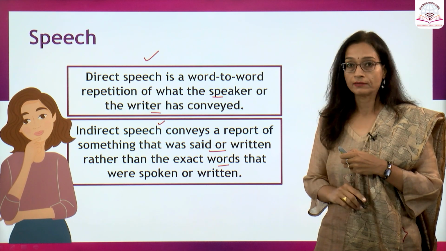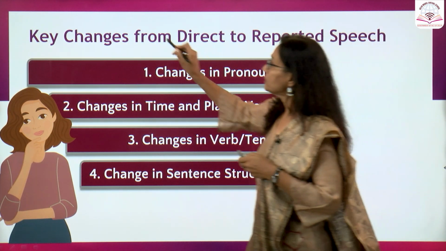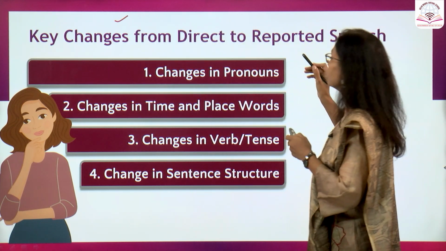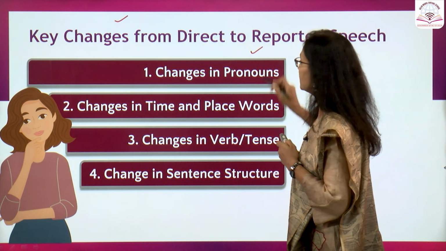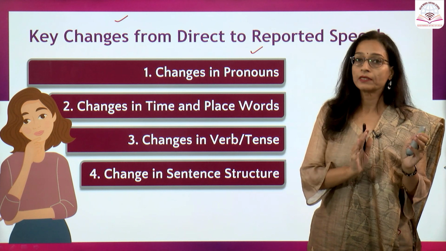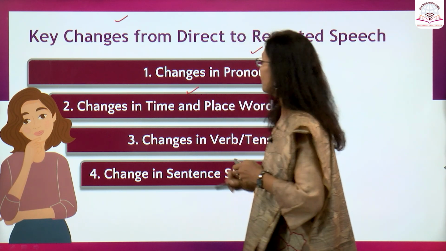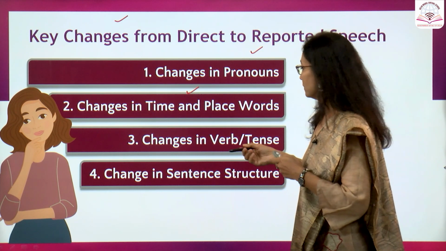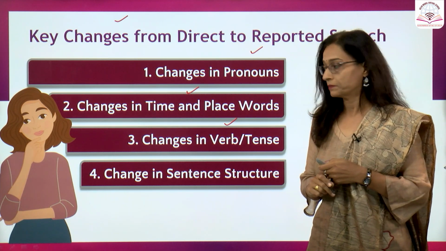spoken or written. Now, let us take a look at some of the key changes from direct to reported speech. First, we'll talk about the changes in pronoun, and they occur based on the speaker or the listener. Then, changes in time and place. And also, changes are made in verbs and tenses.